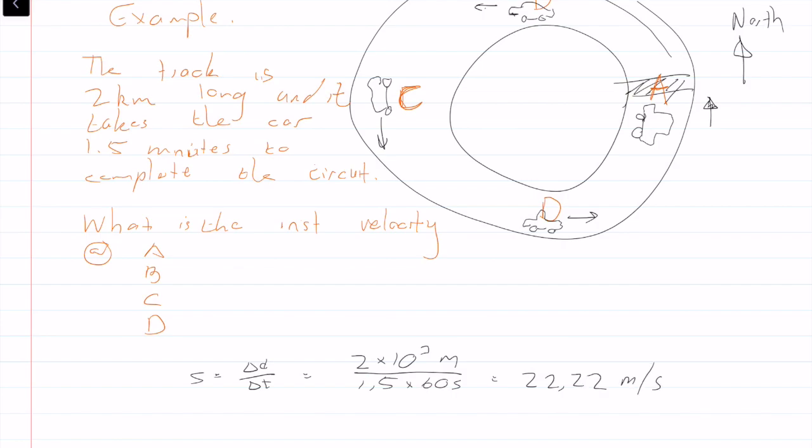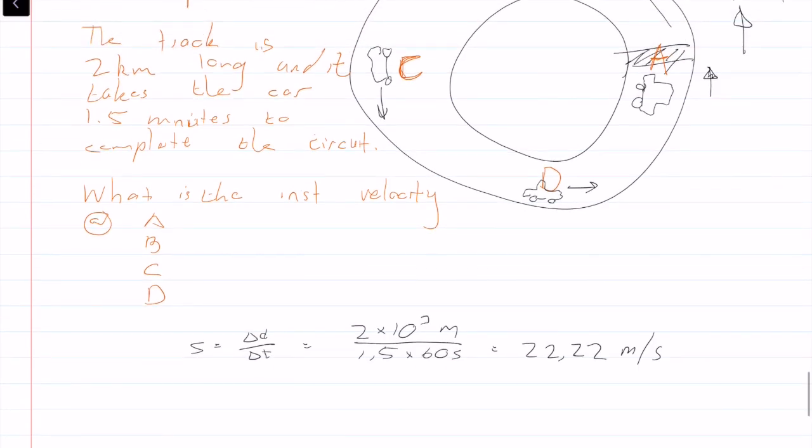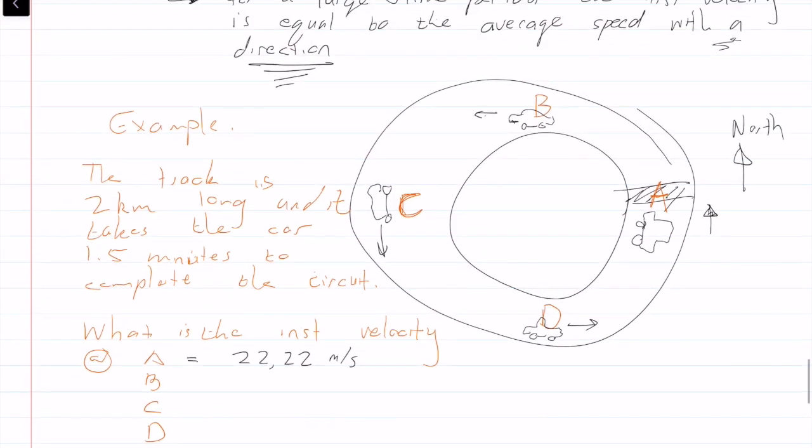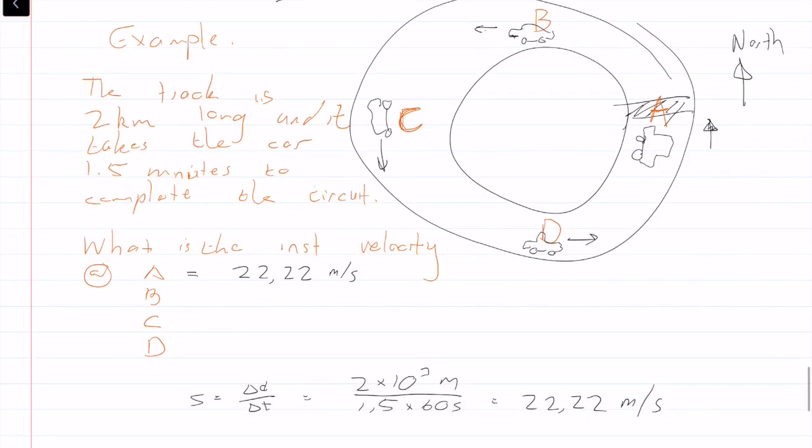Now I just need to give it a direction. At A, the instantaneous velocity is equal to 22.22 meters per second, and the direction is north. At B, it is 22.22 meters per second, going west. At C, we have 22.22 meters per second.